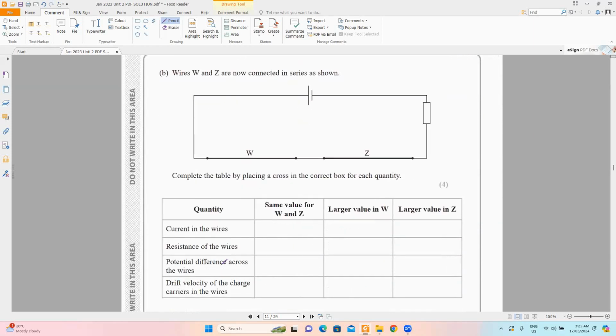For B, wires W and Z are now connected in series. Complete the table by placing a cross in the correct box for each quantity. So we all know that current remains constant in a series circuit. If they are connected in series, the same current flows through both W and Z, so current is the same for both wires.